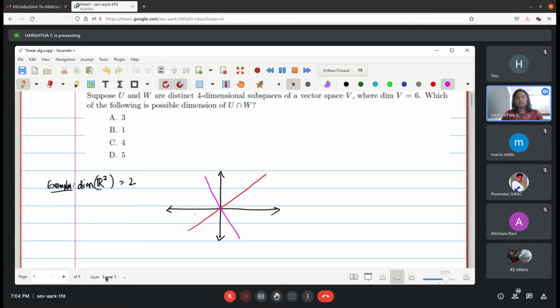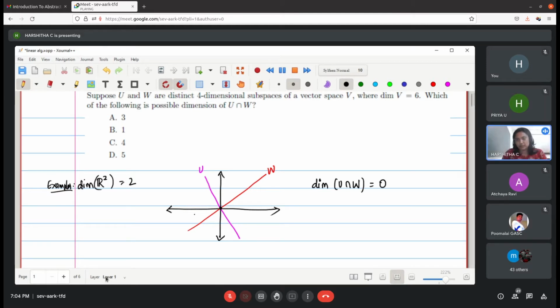We will come to checking whether these are subspaces later. For now, take it for granted that these are subspaces. If you believe me that these are subspaces, what is the intersection? It is just 0, right? So the dimension of U intersection W is nothing but 0.